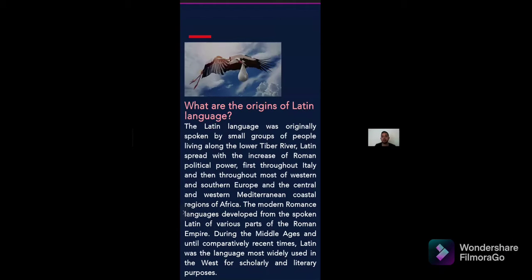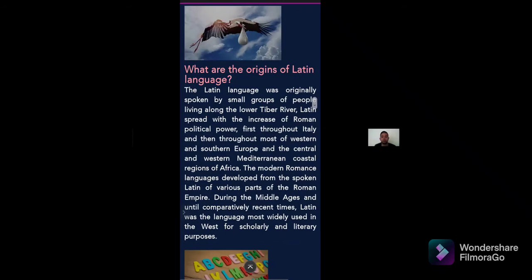So in that part, we find the question, what is the origin of the Latin language? And a short explanation.